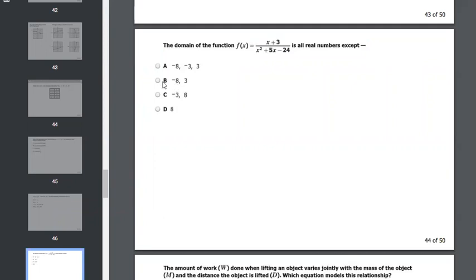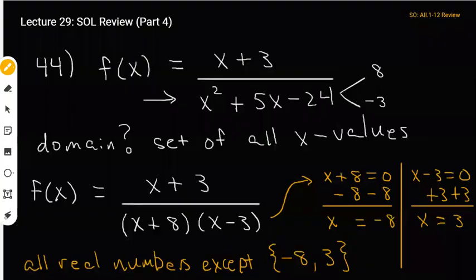Yep, that's going to be B. The only reason why x can't be those two numbers is because you'd be dividing by 0.